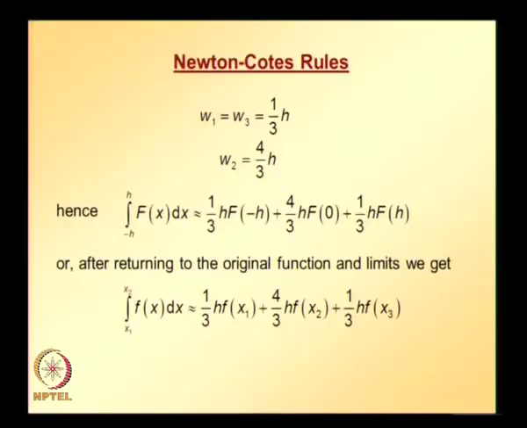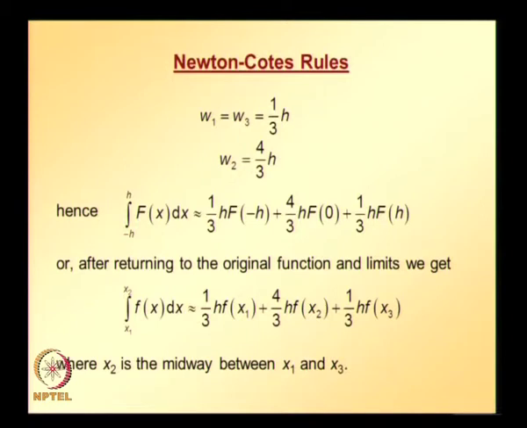Sorry, the first one should be at minus h. After returning to the original function and its limits we get this equation, and we need to note that x2 is midway between x1 and x3.